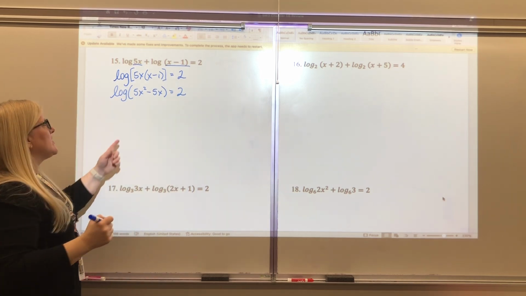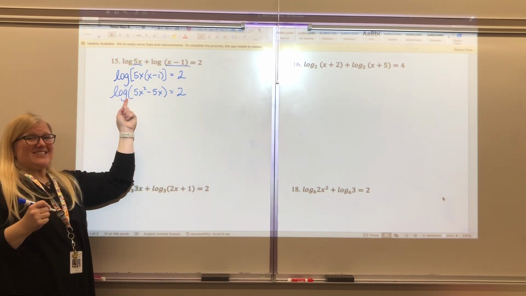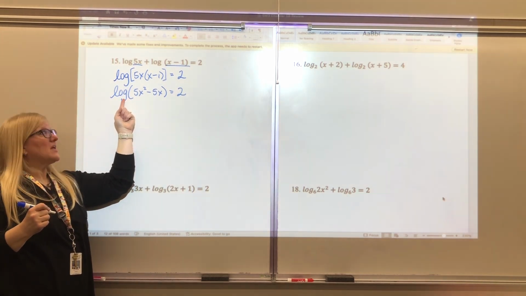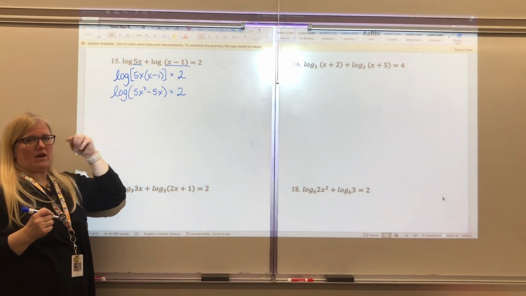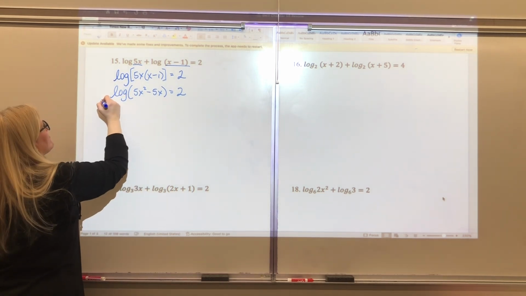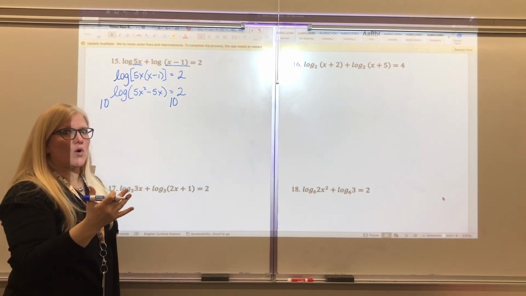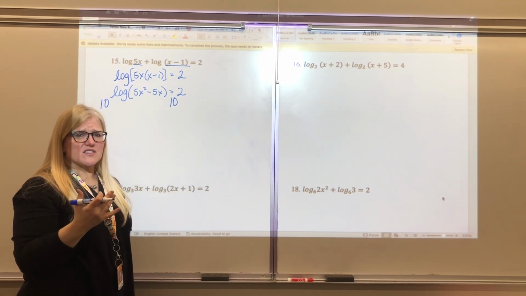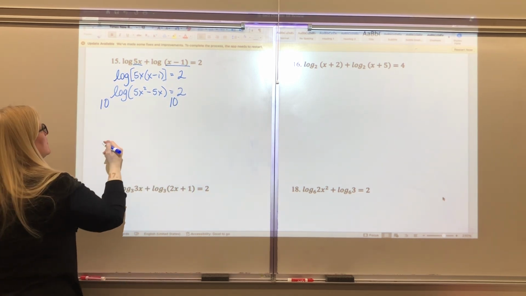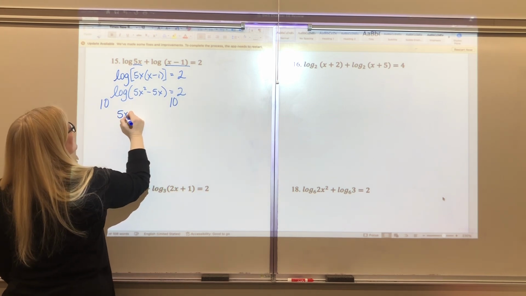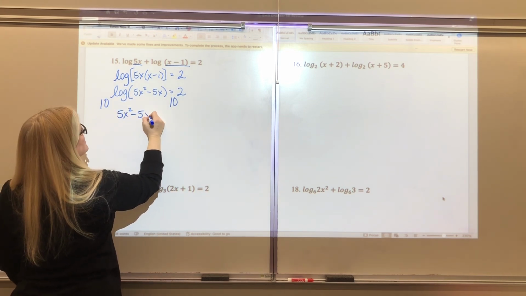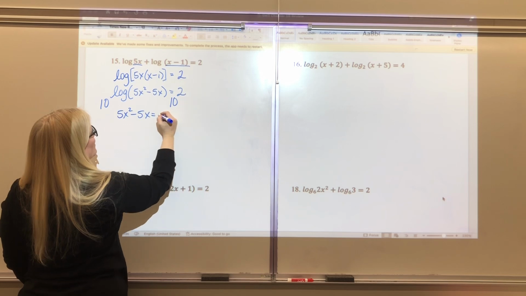All right, this is log base 10 because there's nothing written there, right? So I have to put 10 here and 10 here. Don't forget to do it to both sides. A lot of kids forget that and then it'll be wrong. So now I have 5x squared minus 5x equals 10 squared is 100.